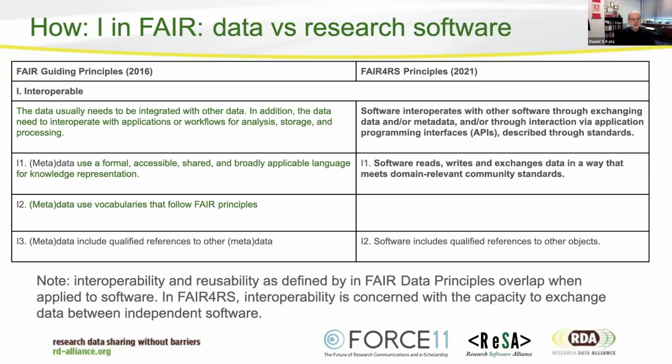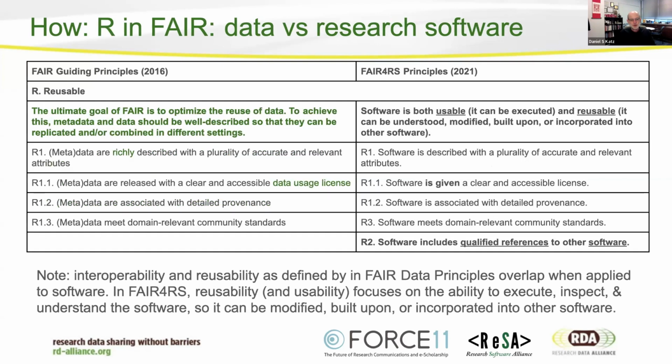In terms of interoperability, and actually reusability, we changed these quite a lot because the definitions of interoperability and reusability in the FAIR data principles actually overlap when applied to software. And so we pulled them apart for software, and we defined interoperability as the capacity of independent software to exchange data, which is, again, part of what was meant in the FAIR data principles.